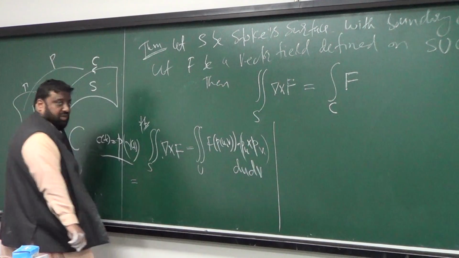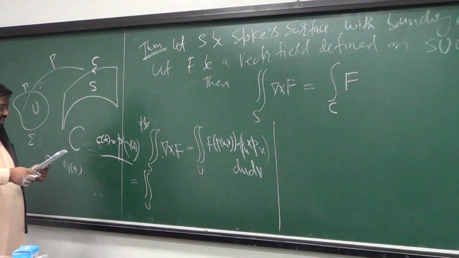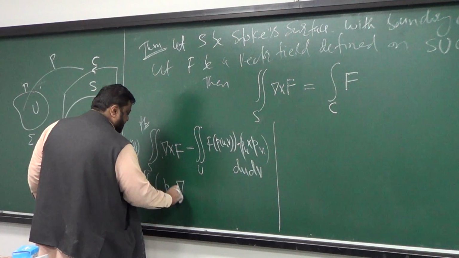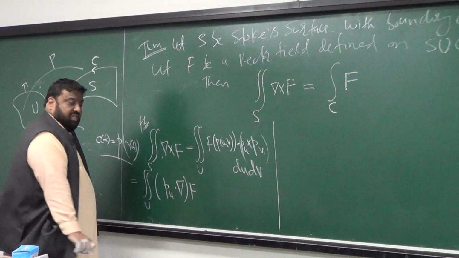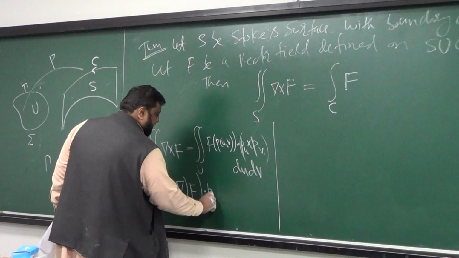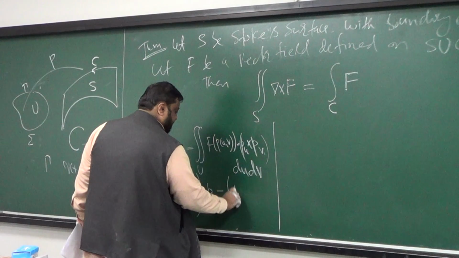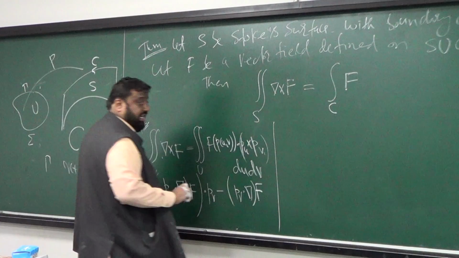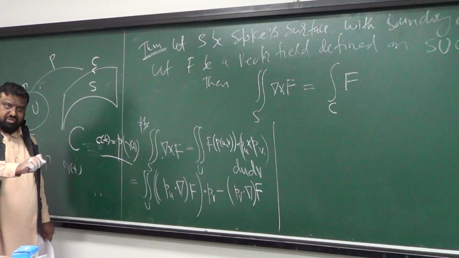So this will be equal to the double integral over u, and I can say this is going to be the same as (p_u dot del) operated onto f and then dotted with p_v, minus (p_v dot del) operated onto f dotted with p_u. This reading is also important, how one should read a statement.